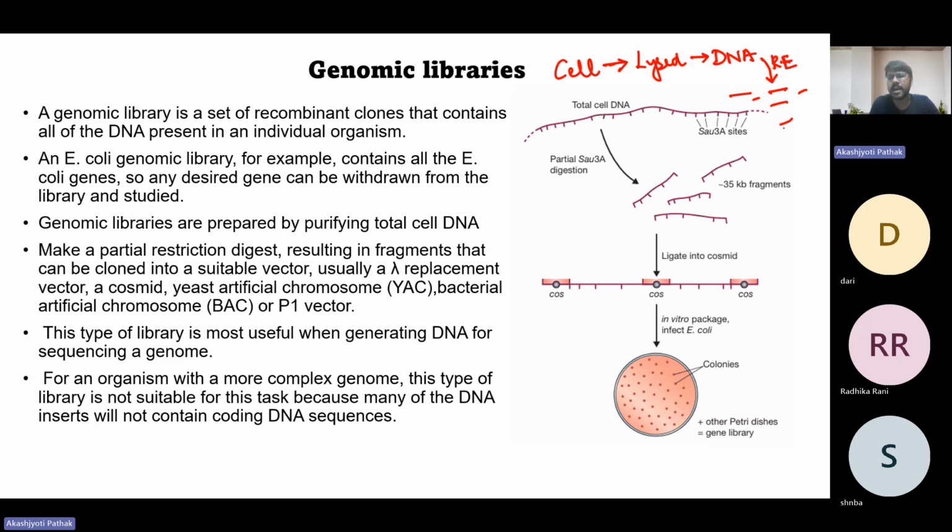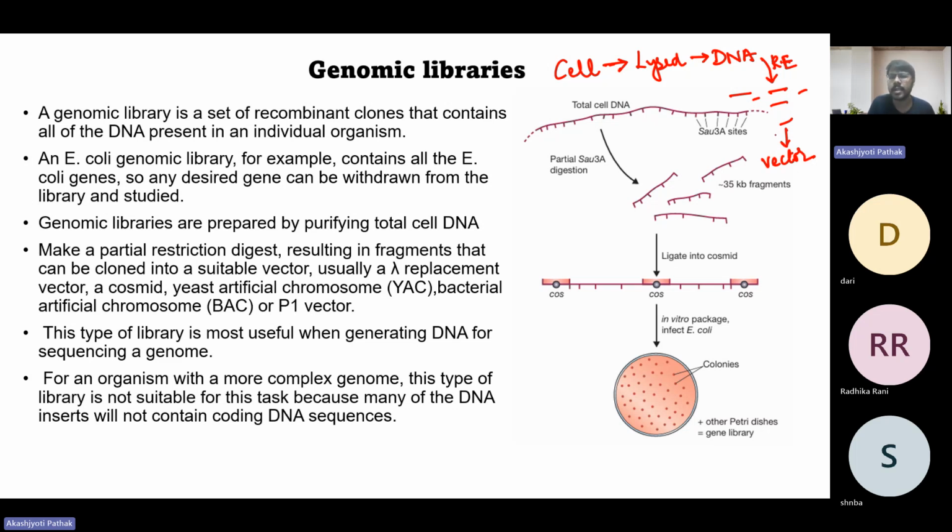Then these DNA fragments are inserted into a suitable vector. The vector will also be treated with the same restriction enzyme, and then these different DNA fragments will be ligated with the vector and transformed into a host cell.